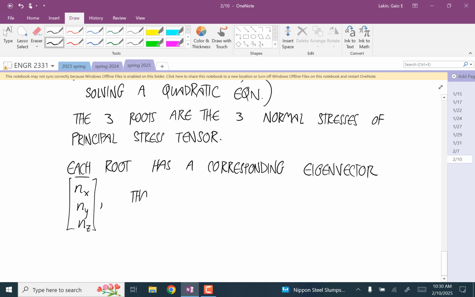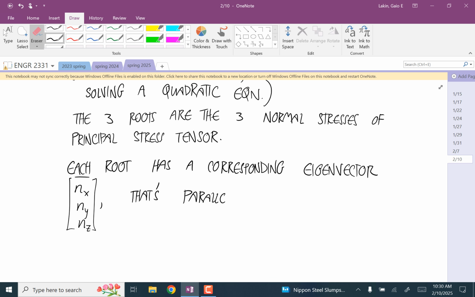And that is parallel to the corresponding axis of the principal coordinate system.